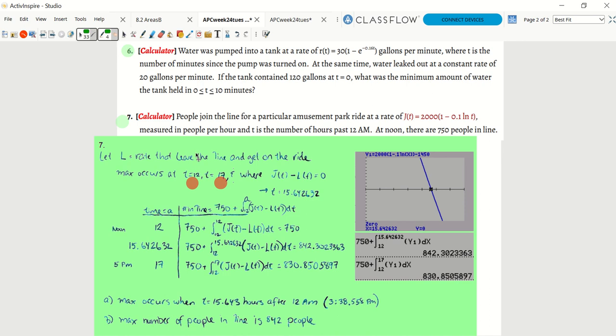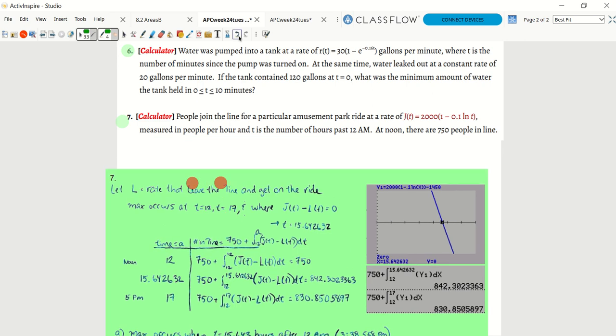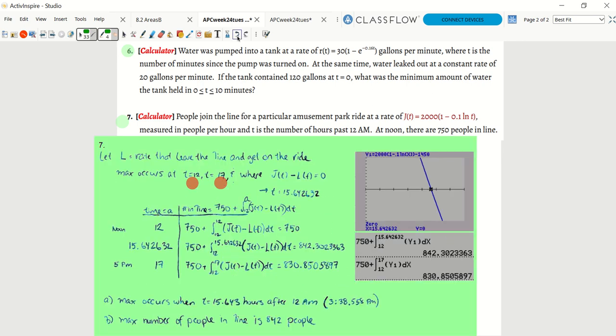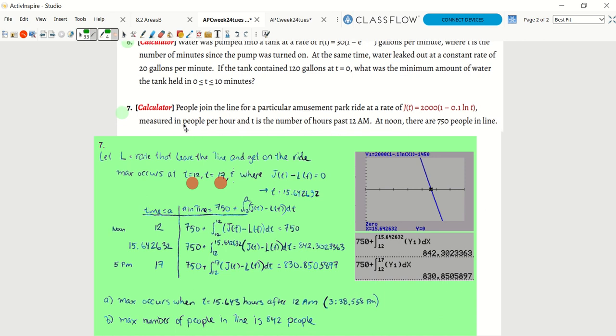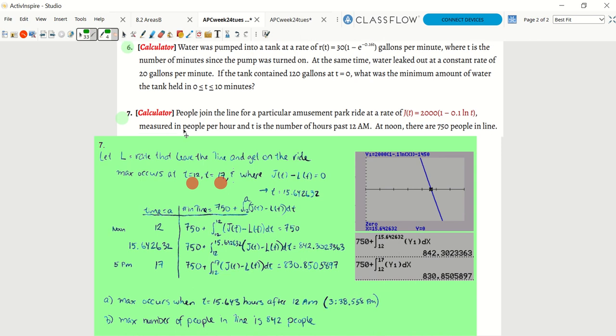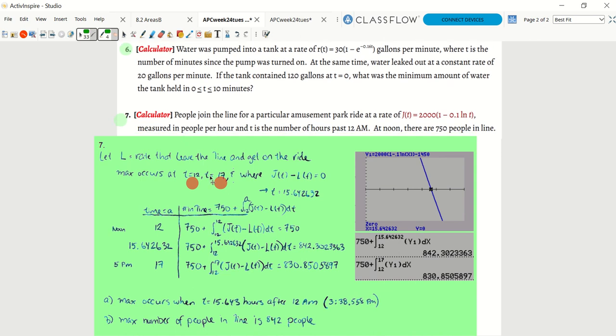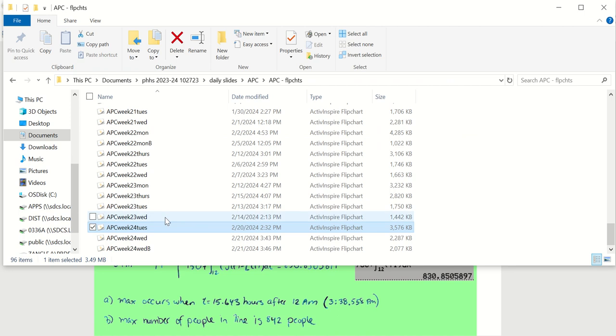I'm missing some words here, I think. 5 p.m. Where are they getting this 5 p.m. over here? Let me look back at the original.